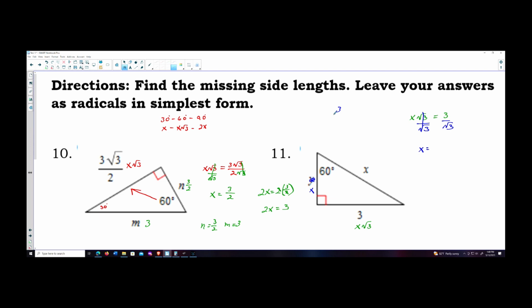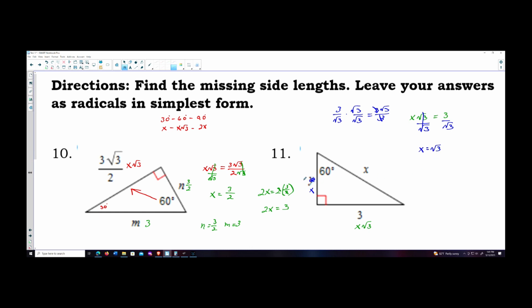To do that, I multiply by the square root of 3 over the square root of 3, which is a different one. So 3 times the square root of 3 is 3 square root of 3, and then 3 times 3 is 9, so the square root of 9 is 3. Now you have 3 outside on the top, 3 outside on the bottom, so I can cancel those, and it leaves me with the square root of 3.